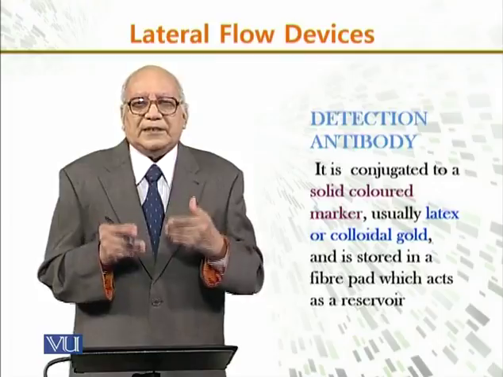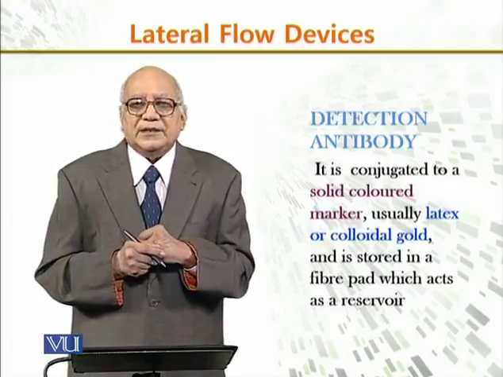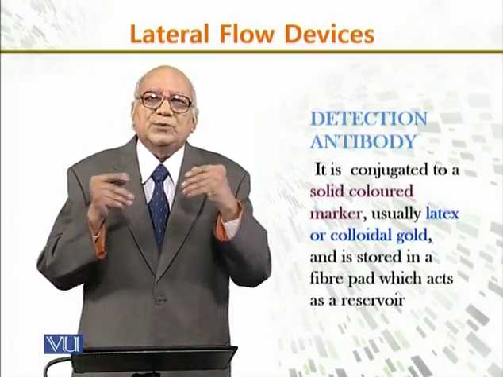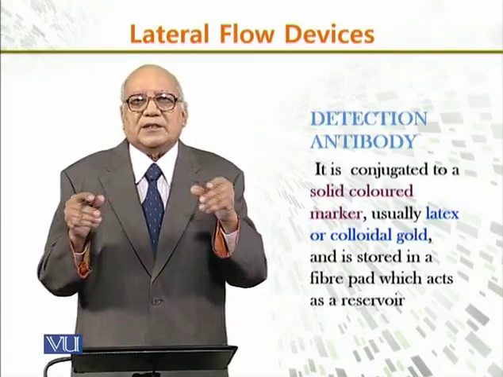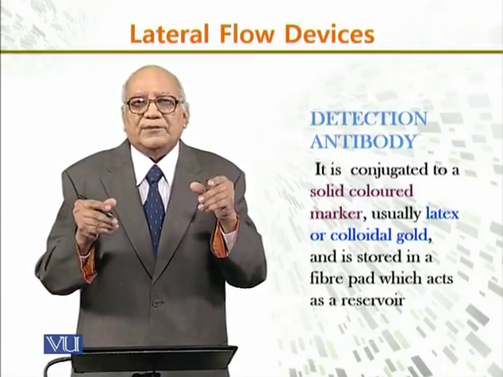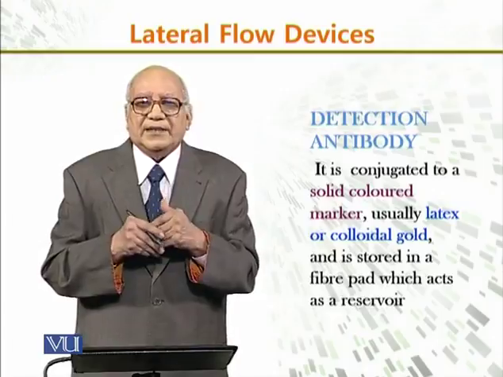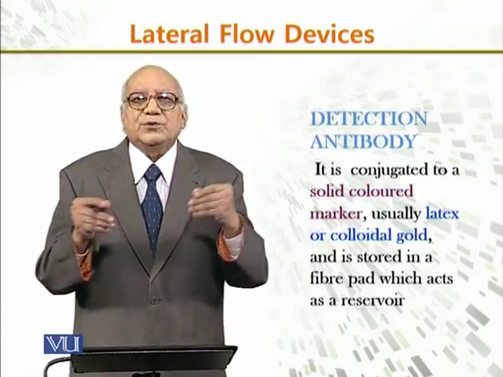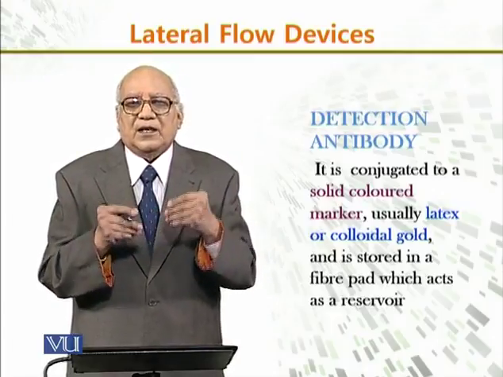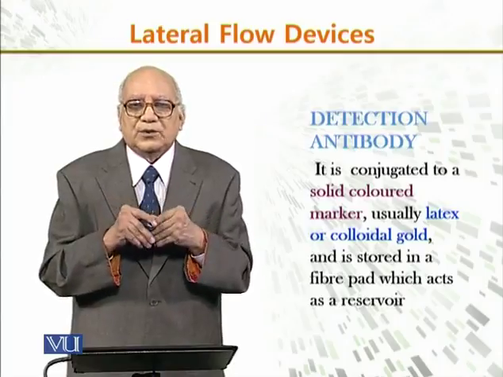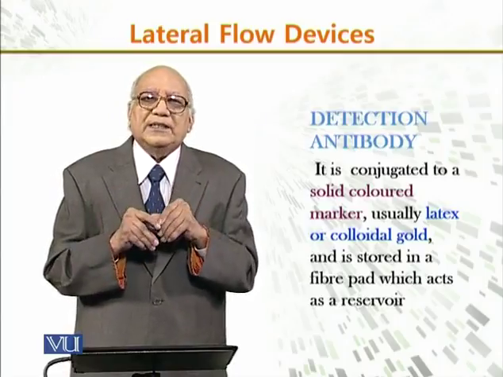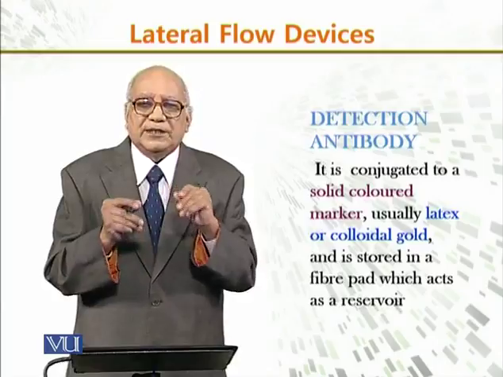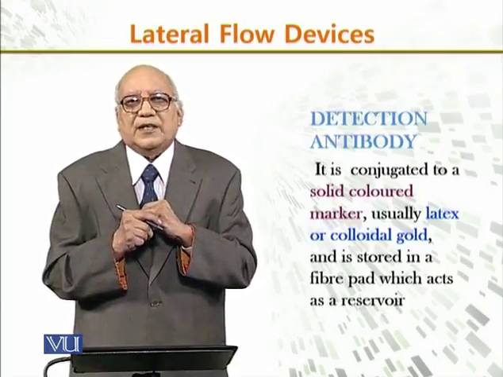Now, what is the detection antibody? It is conjugated to a solid colored marker. We have to have some indicator, and that is a colored marker, which is usually latex or colloidal gold, and is stored in a fibre pad which acts as a reservoir.